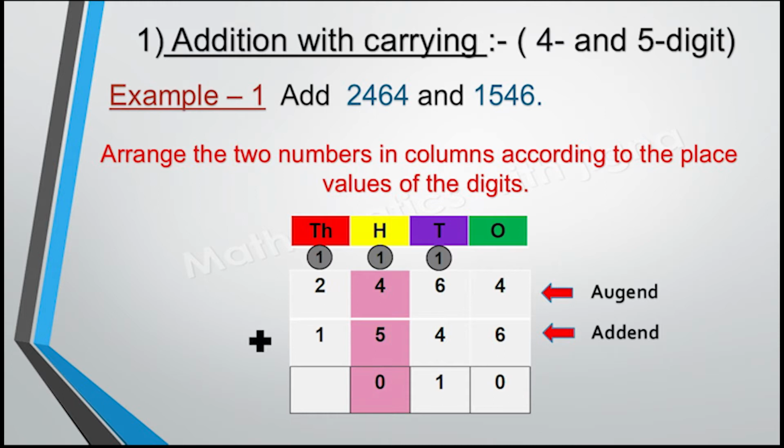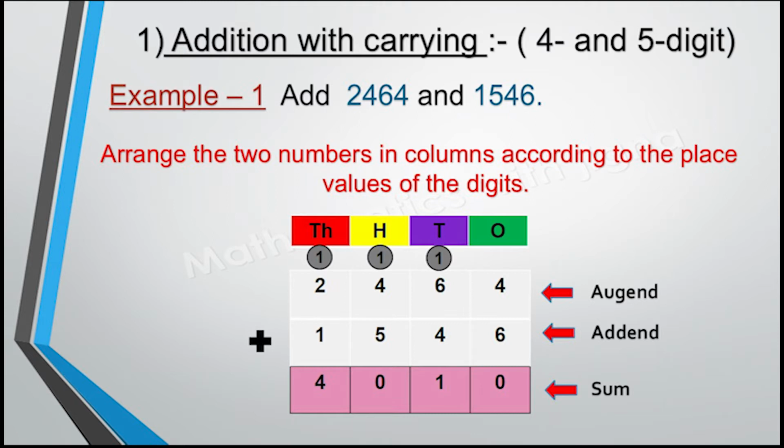Now add the thousands 2, 1 and 1, which is equal to 4. So 4000. So write 4 at the thousands place. Here we will get the answer 4010, which is known as the sum.